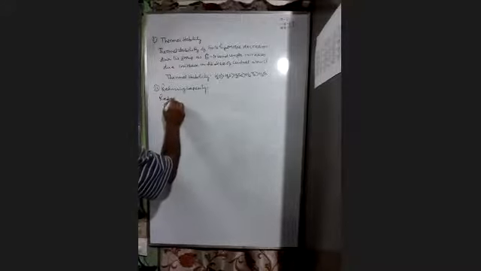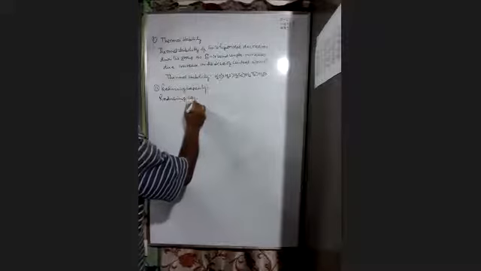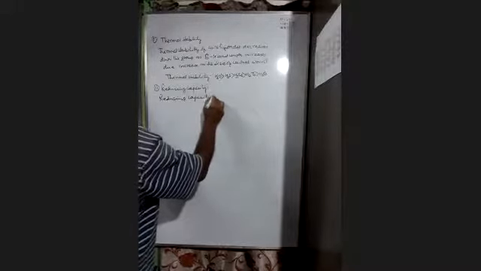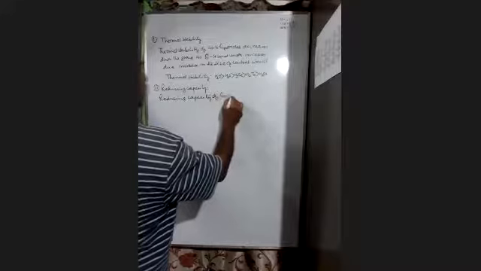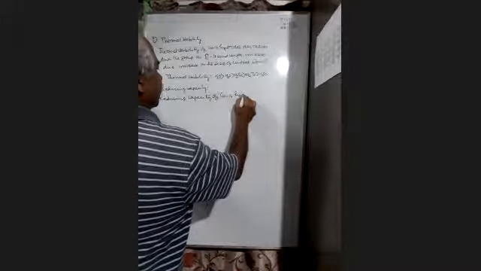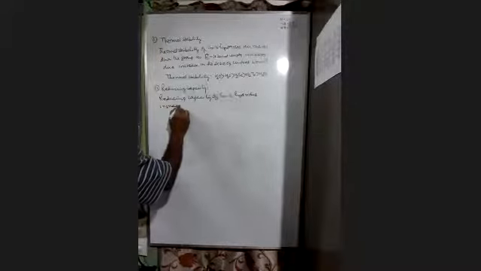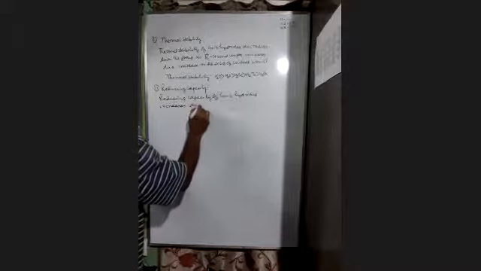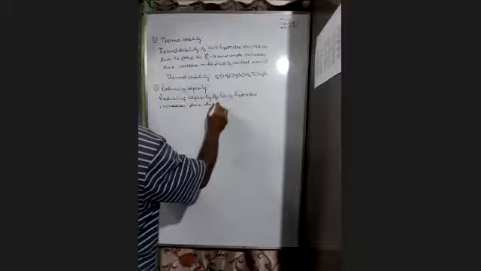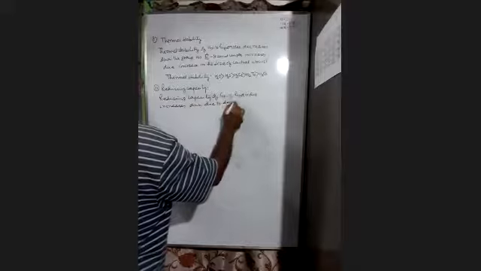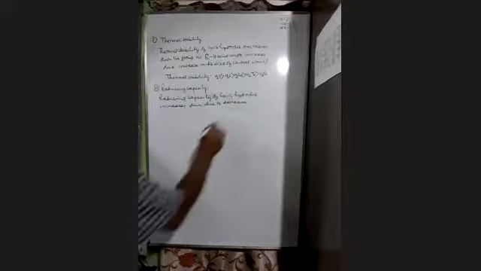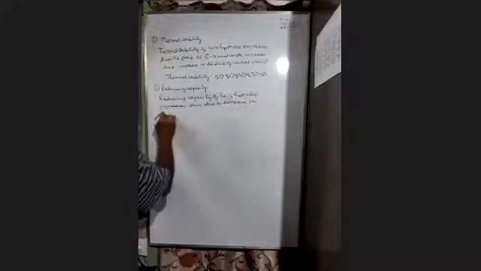So what do we write now here? Reducing capacity of group 16 hydrides increases down the group due to decrease in their thermal stability. Means what?